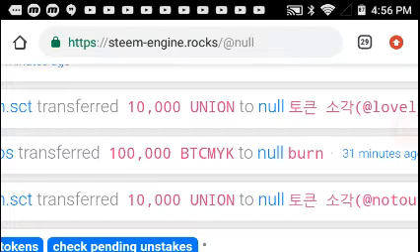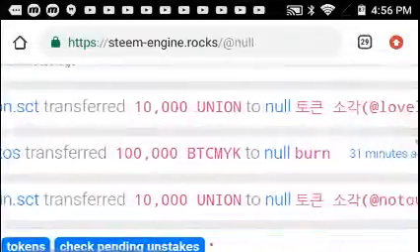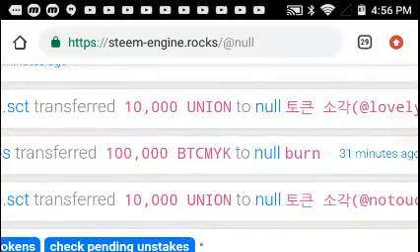So what happens is the tokens we created here are being burned off in relation to the trade volume.